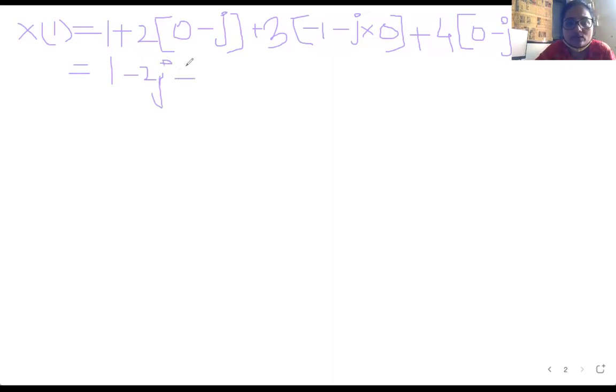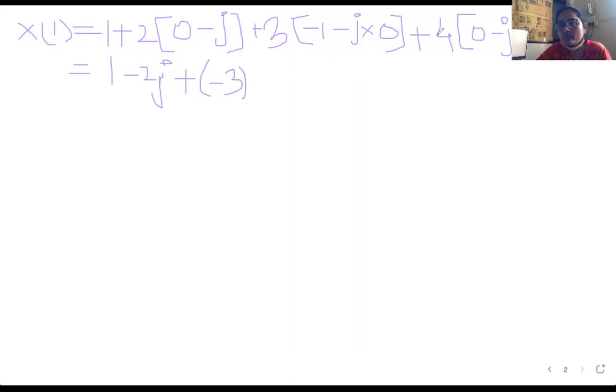Plus, what is the next value? 3 into -1, because j is multiplied by 0. So the next value will be -3. I'm going to write it in the bracket because I have given the plus sign, so -3 because 3 multiplied by -1.